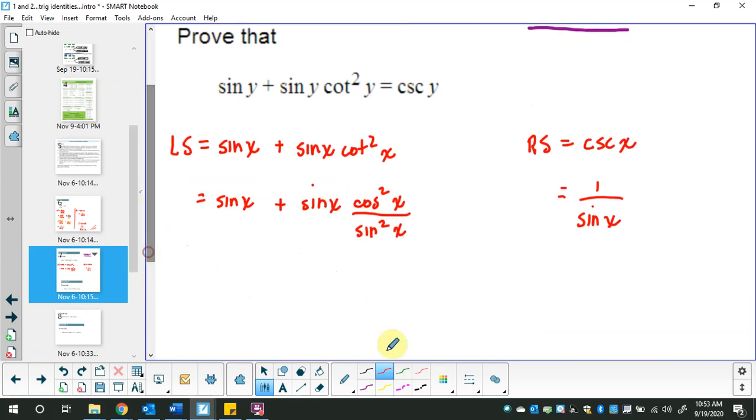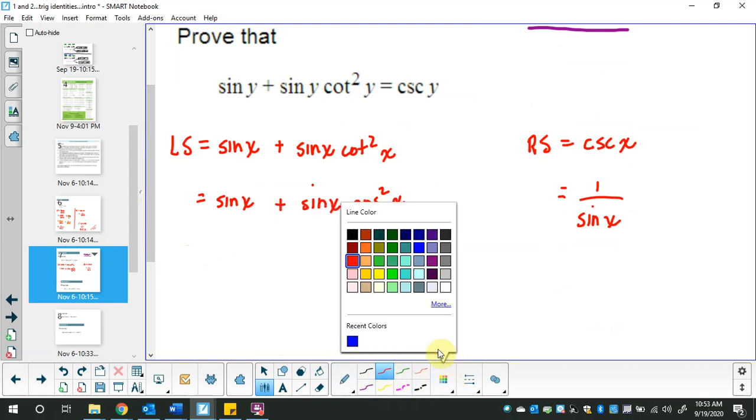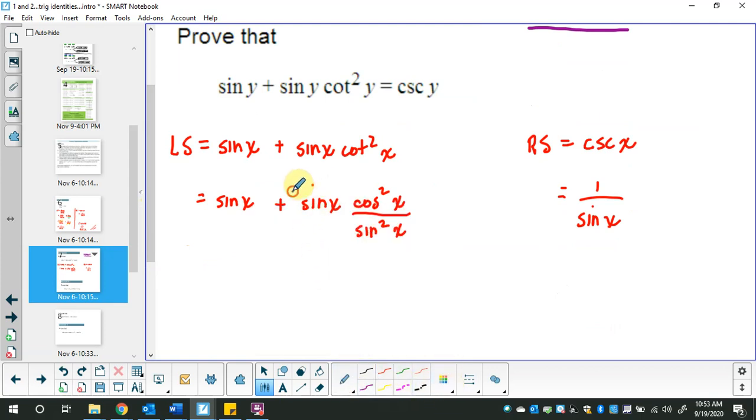Another thing I hope you know is that you have to deal with all of this because BEDMAS still works even in trig identities. So you have to do the multiplying before the adding. So I'm going to leave this sine x sitting here. And I'm going to put a 1 under the sine x because now we have 2 fractions and we can multiply across the top, multiply across the bottom. I'm going to do this in extra steps, so hopefully it's easier to follow.